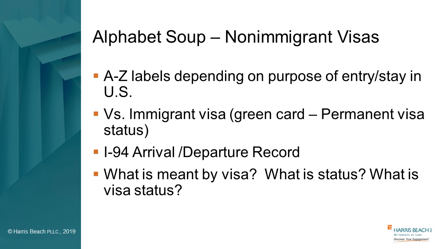So the visa itself, the visa stamp, a lot of people say, is the physical stamp that goes in the passport that, depending what country they're entering from and what type of status they're getting, they may or may not have or need. But that's really what a visa is.